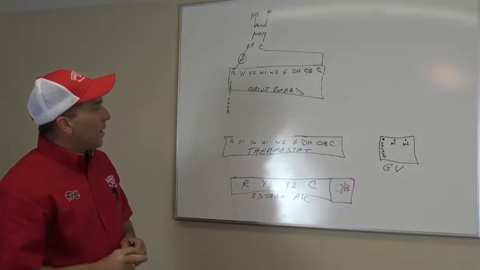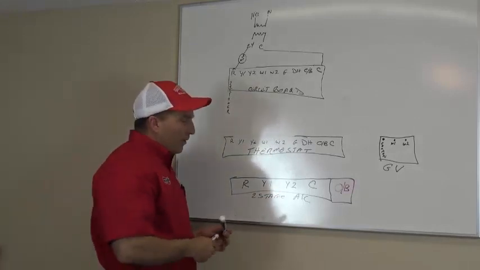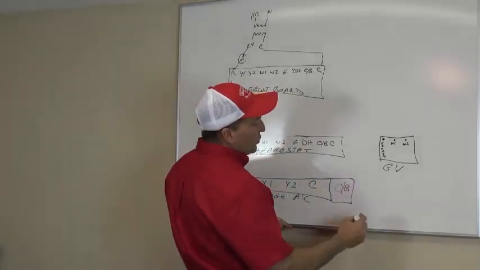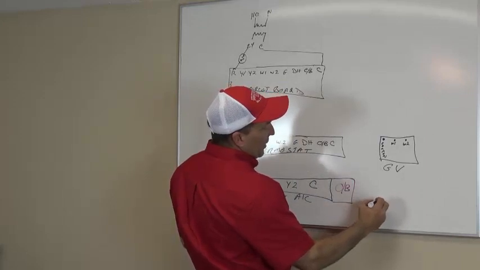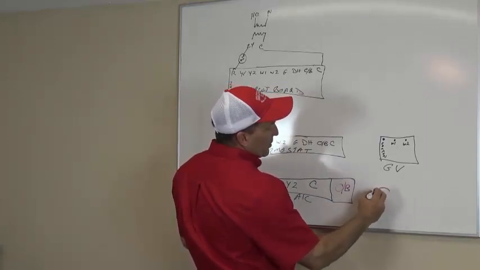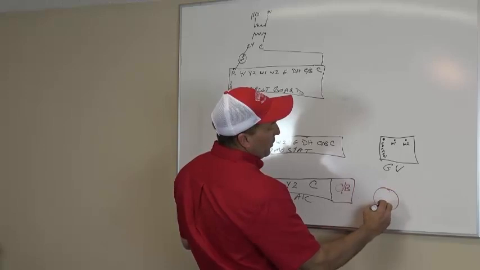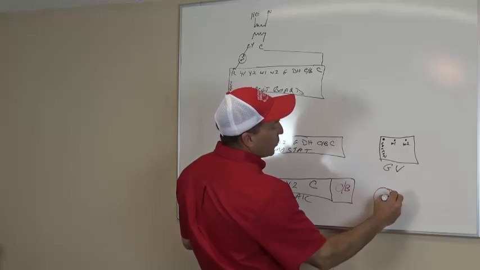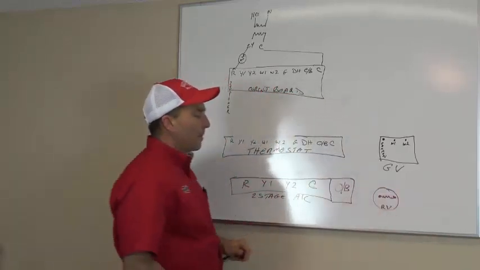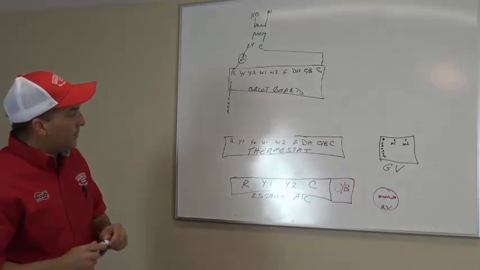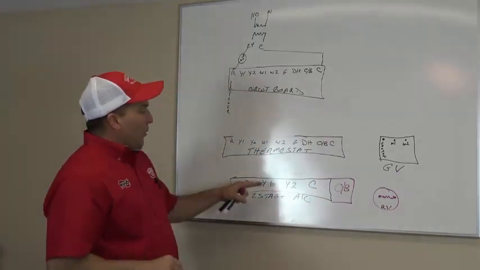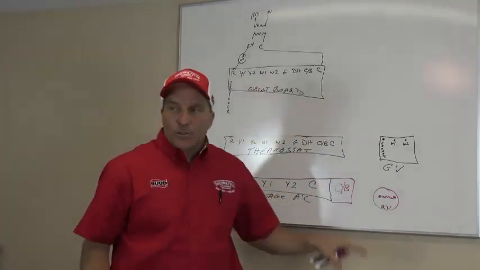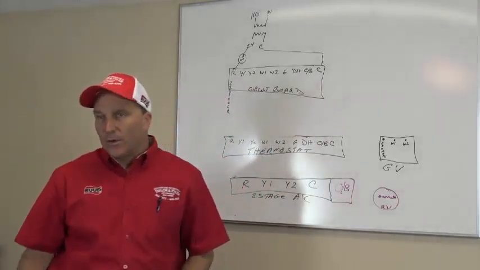Okay? We're going to do a reversing valve down here, which is just going to be a solenoid valve. So we're going to do this circle, and we're going to do RV for a reversing valve. We're going to do a coil in between it. Okay? We're going to use this two-stage system as a circuit board on here.